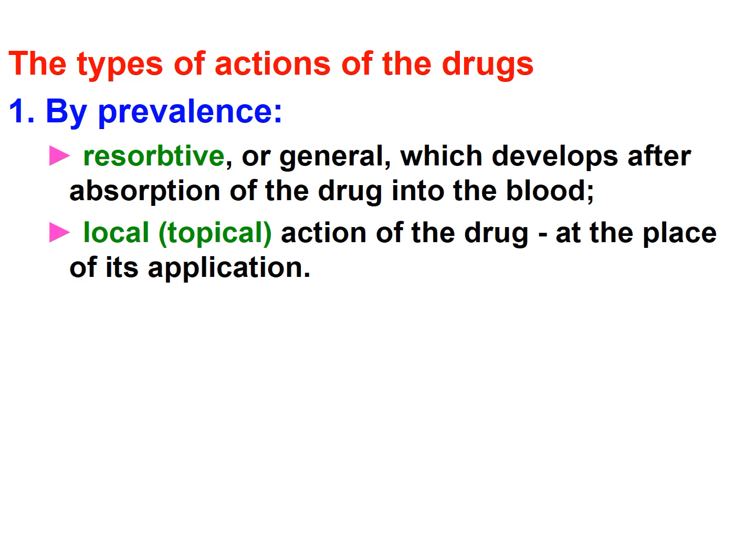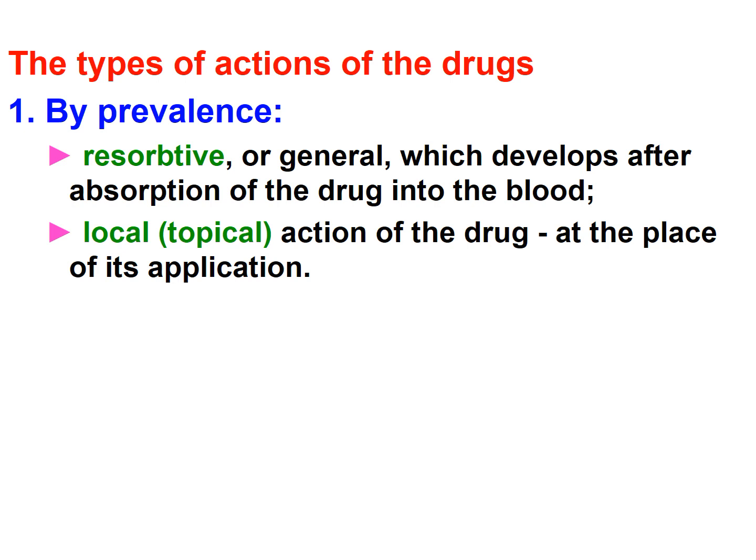One of the most important terms used in pharmacodynamics is action of the drug. We can classify actions of the drugs using different criteria. For example, by prevalence, drug actions can be resorptive or general, and local or topical. General action develops after the absorption of the drug.